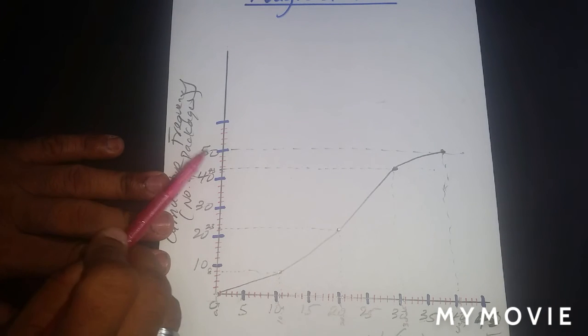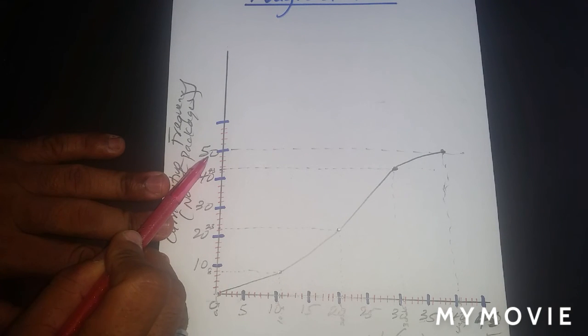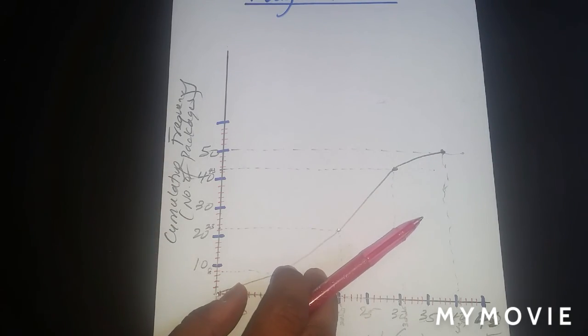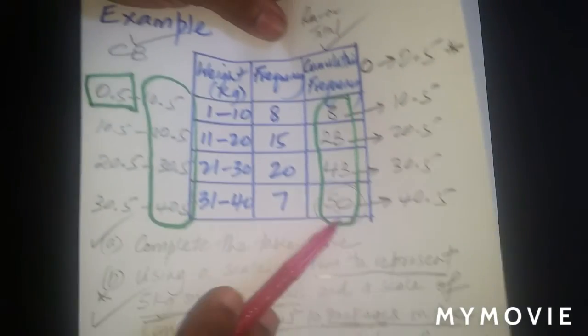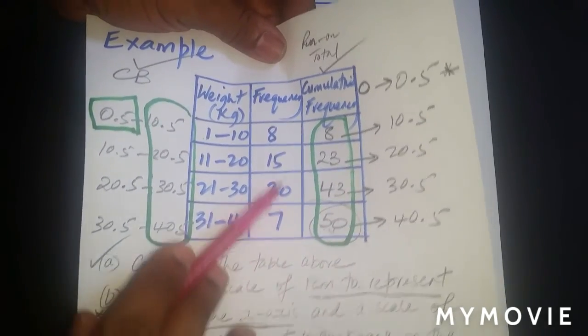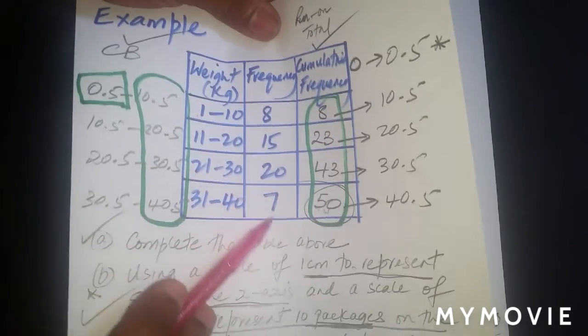all we're going to do is, remember 50 is that value that denotes the top of the curve. The 50 was generated from the last value of the cumulative frequency column, and the 50 here represents the total number of packages, or the total frequency.